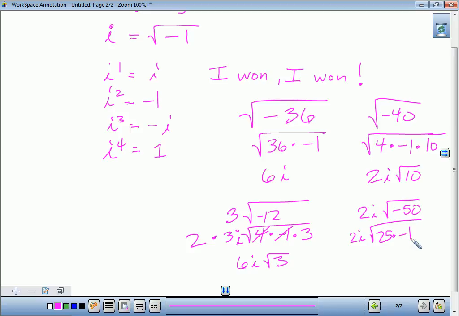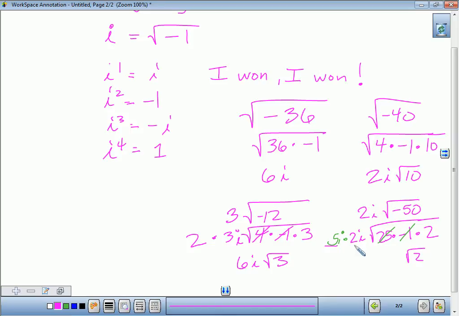But because it's negative, we have a -1, and 25 times 2 makes 50. So the square root of 25 is 5, and the square root of -1 is i. So we can bring out a 5 and an i. So the only thing left under the radical is a 2, root 2.